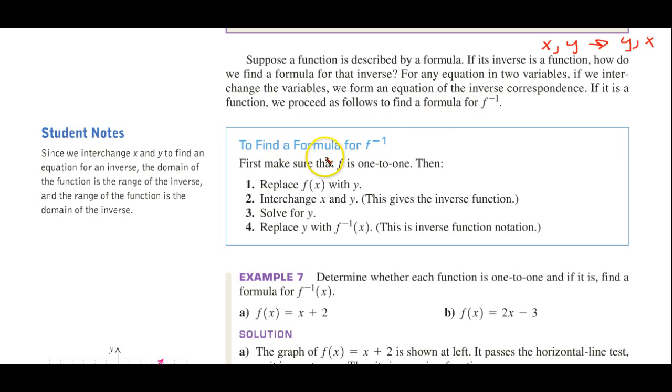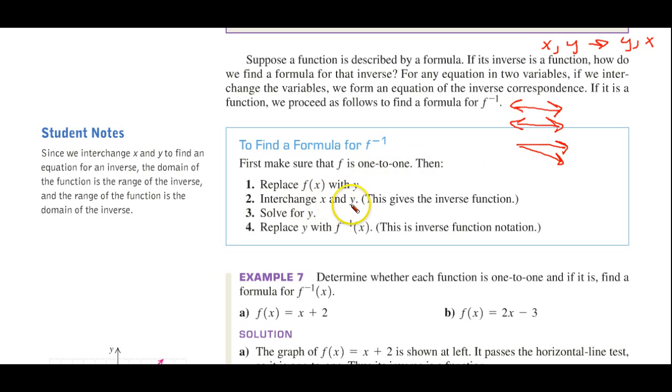Let's take a look at this little recipe here. First, make sure that f is one-to-one. So again, as you look at it, it's one line to each of these things and not one line to two things. This gives you the one-to-one relationship.